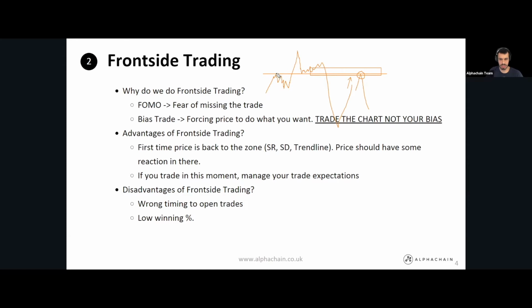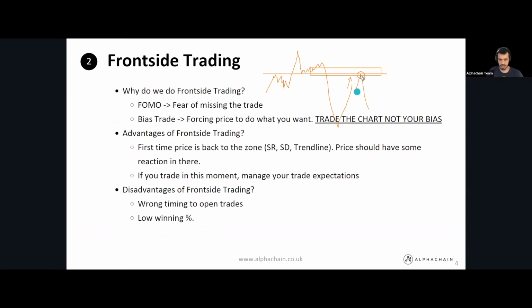It has reacted as a resistance here, as a support, but now after breaking it, when price comes down, this is still the first time back that price is doing that. So there's higher chances that there are still orders somewhere in here, so price can actually touch there and go down. So this is basically one of the only moments and advantages that we have with front side trading.